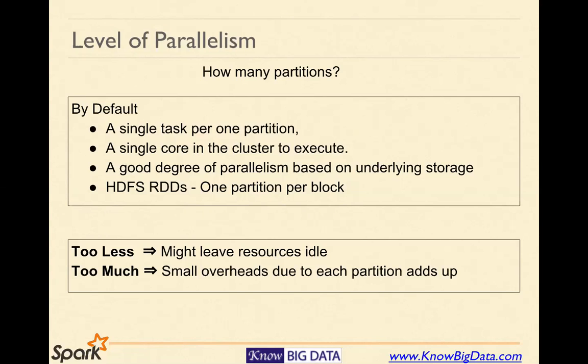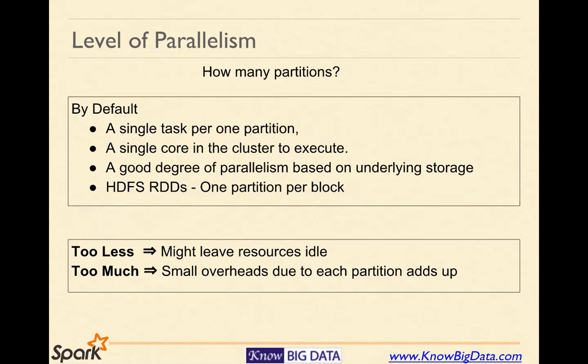So by default, there is a single task per partition, a single core in a cluster to execute. A good degree of parallelism is based on underlying storage and the processor. Okay. In case of HDFS, there will be one partition per block, provided there is a single processor.